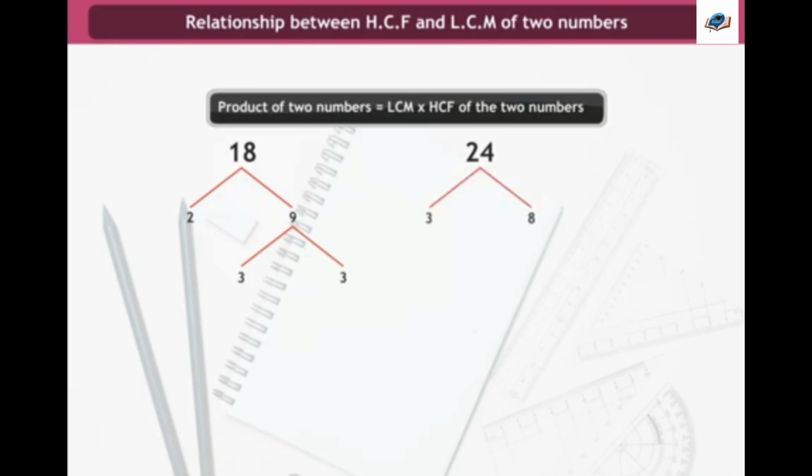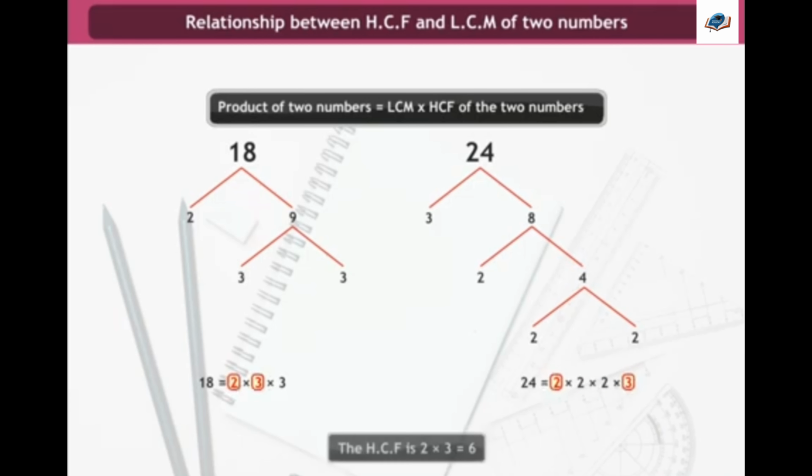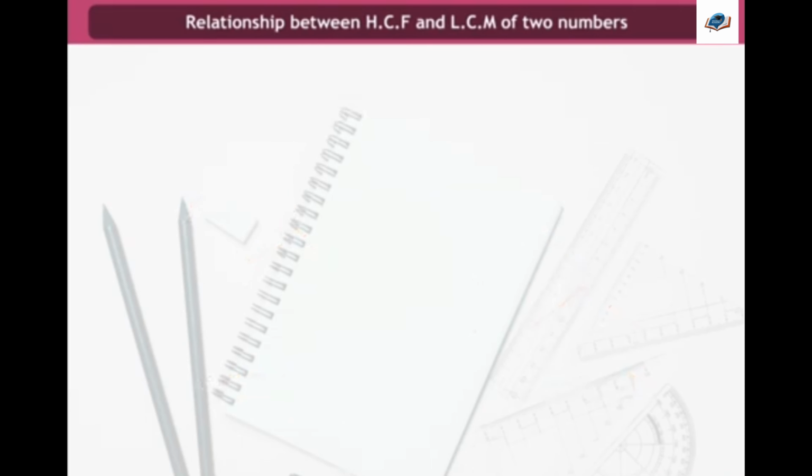Also, 24 can be written as 3 into 8. Break 8 into 2 and 4. Again, 4 into 2 and 2. So, the prime factorization of 18 is 2 into 3 into 3, and that of 24 is 2 into 2 into 2 into 3. Clearly, 2 into 3 is common to both. So, HCF of 18 and 24 is 6.